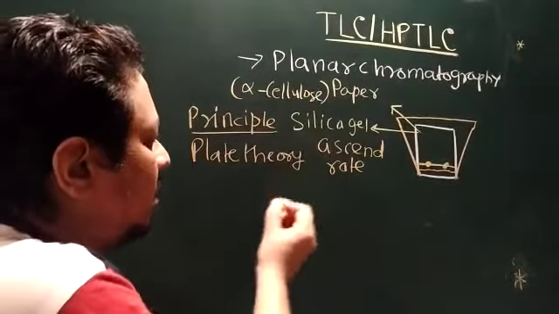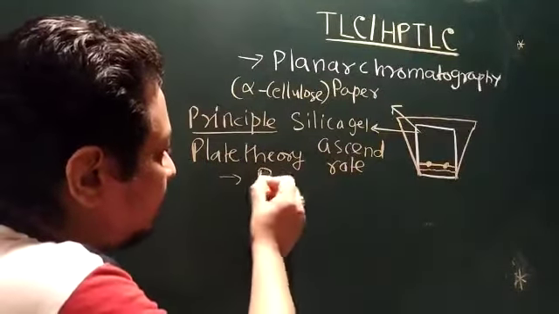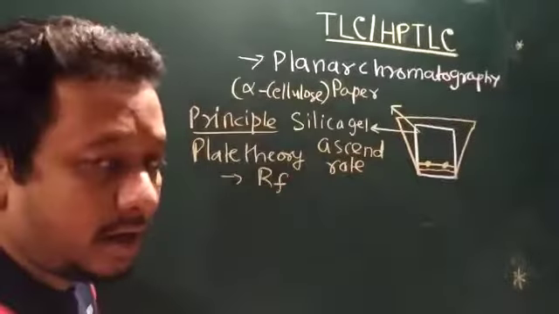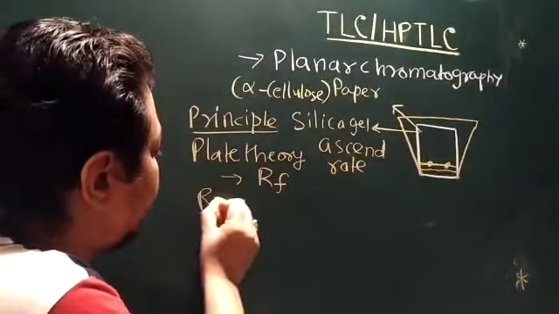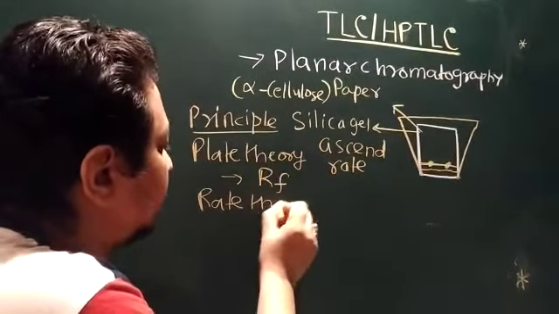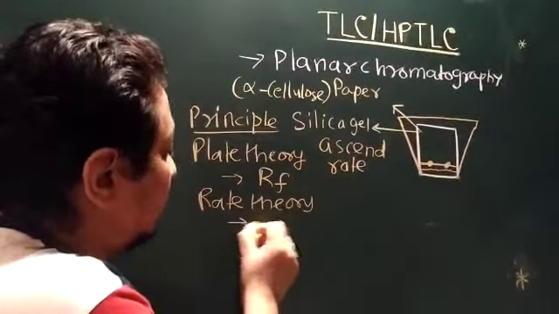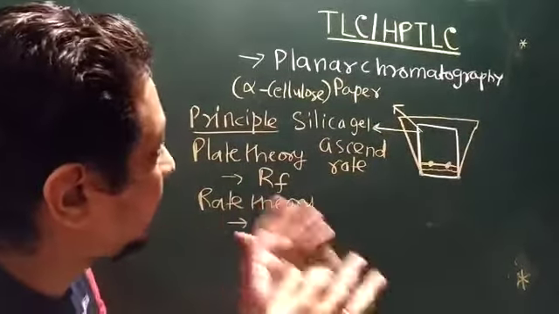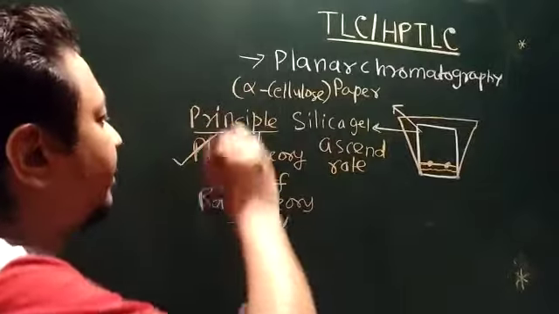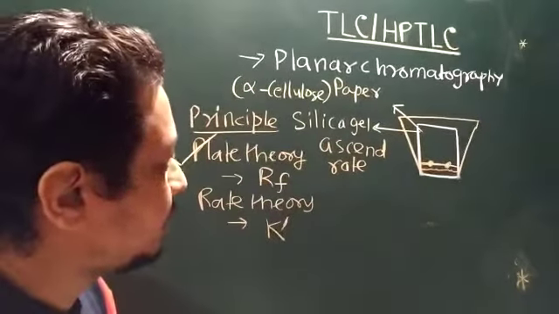So this is the principle, and the separation process can be explained by either the plate theory, which explains the separation via RF, that is retardation factor, already I have discussed in my chromatography video, or by the rate theory, that is capacity factor. Okay. Now in TLC and HPTLC we use the plate theory, okay, that is retention factor.